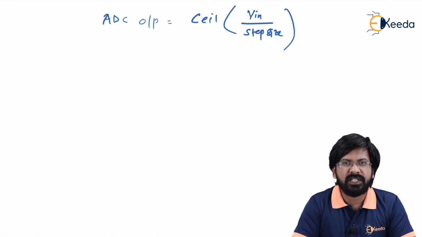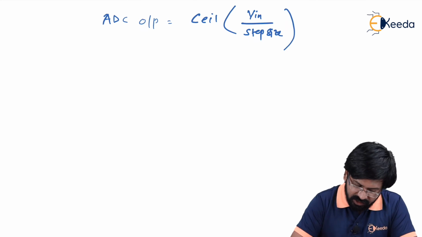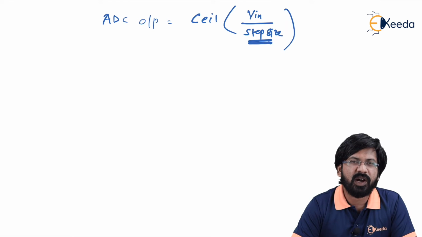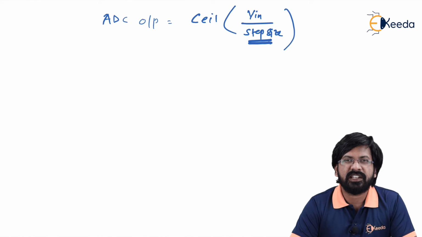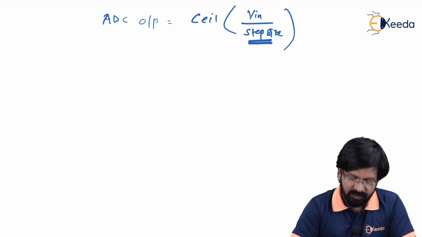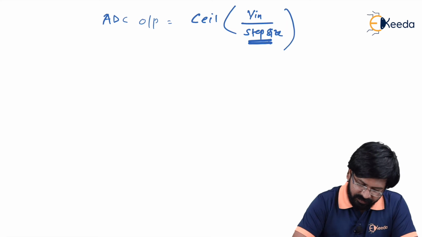Remember that every ADC has an internal DAC. So this step size refers to the step size of the DAC. I'm sure you remember how to get the step size for a DAC. It is nothing but the full scale output voltage divided by the number of steps. That is VFSO, the full scale output voltage, divided by 2 raised to n minus 1, which gives you the number of steps by which you can get the step size, right?